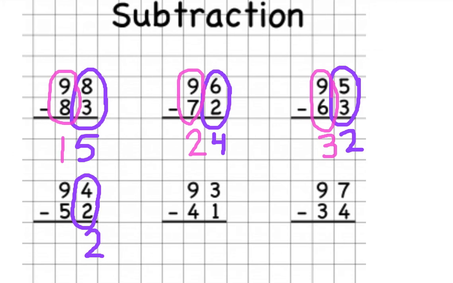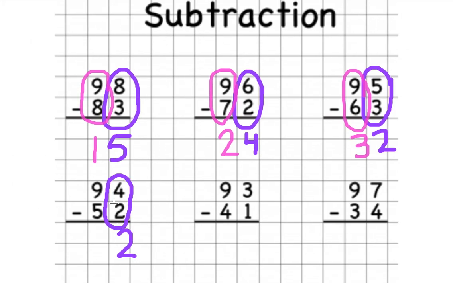And now that we finished our ones, we can move on to our tens. And my tens is 9 minus 5. And 9 minus 5, I can do that on my fingers. 9 minus 5 is 4. So that means 94 minus 52 equals 42.